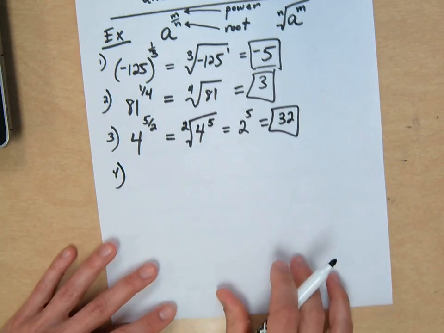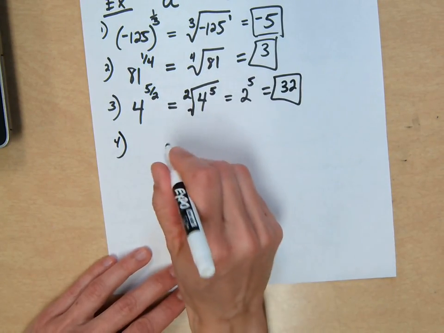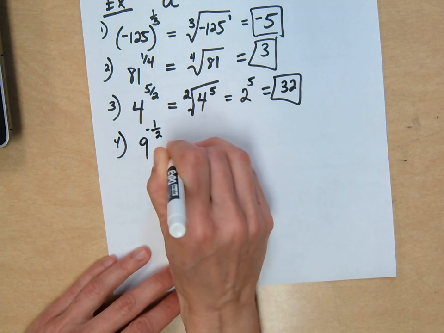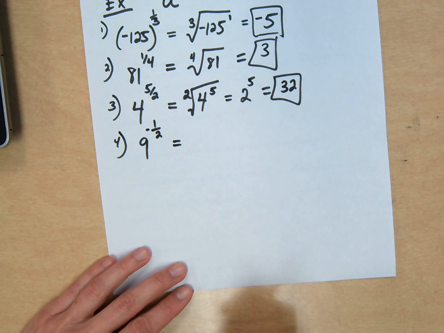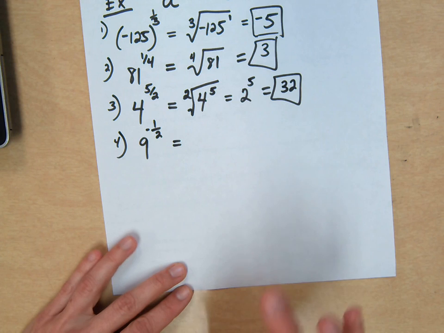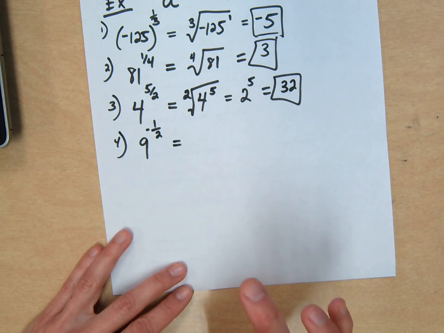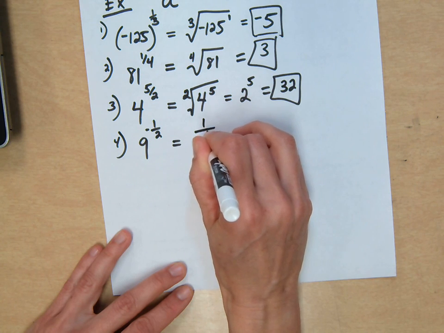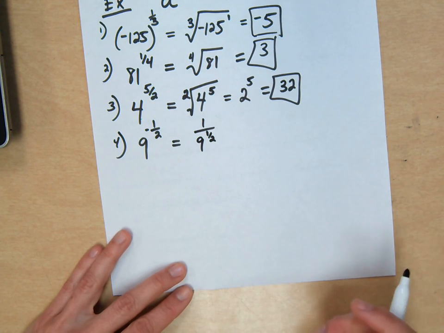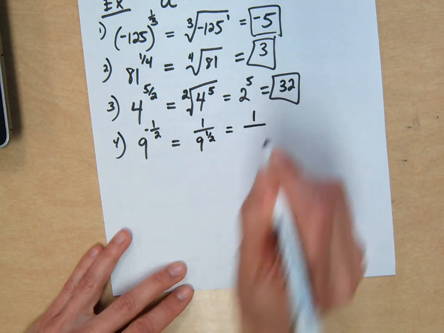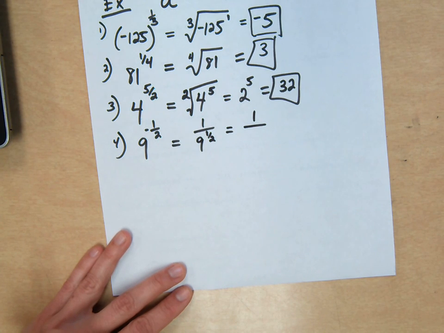Okay, let's try this one: 9 to the negative 1/2. What did I just throw in that problem that's different? I put a negative in, but we already know how to deal with negative exponents. How do I make it into a positive 1/2? Flip it, take the reciprocal. So I'm going to do 1 over 9 to the 1/2 power. That already simplified things, because now I don't have a negative exponent. Can you tell me what to the 1/2 power means?